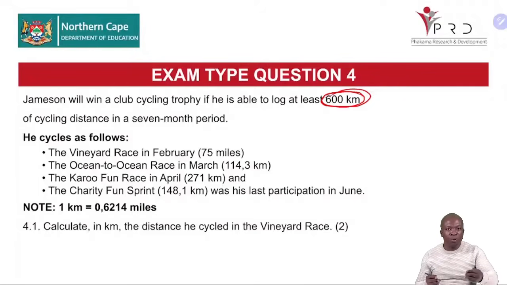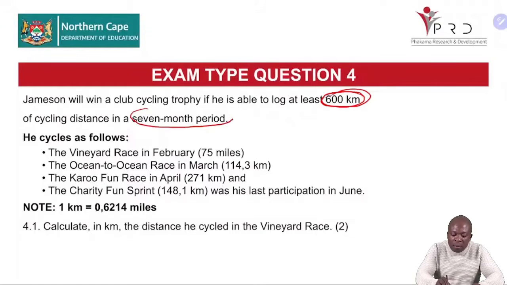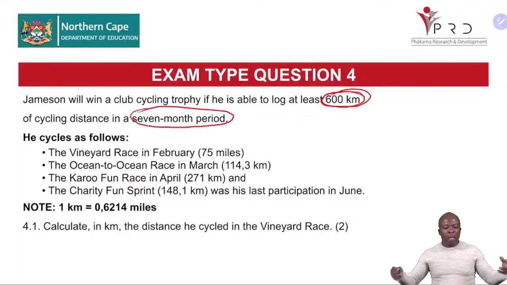Circle the value which you need to work with. All right. If he is able to log at least 600 kilometers of cycling distance in a period of 7 months. So they have given Jamison a time of 7 months. He must be able to win a club cycle for about 600 kilometers in that period of 7 months.